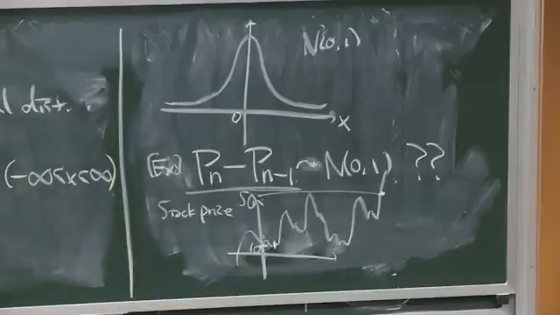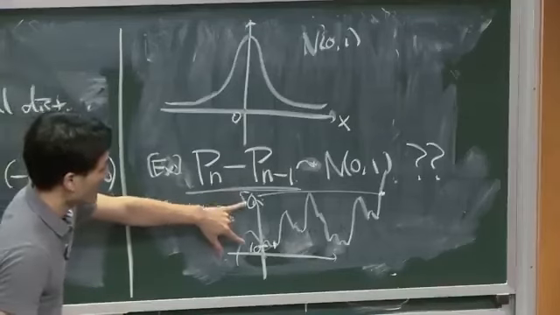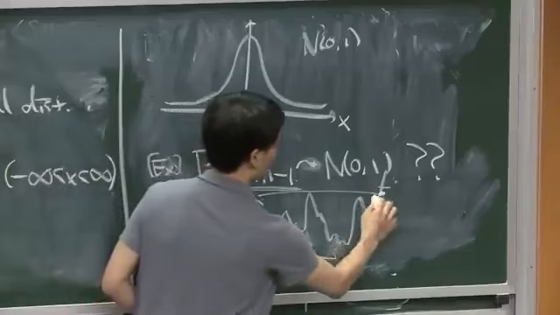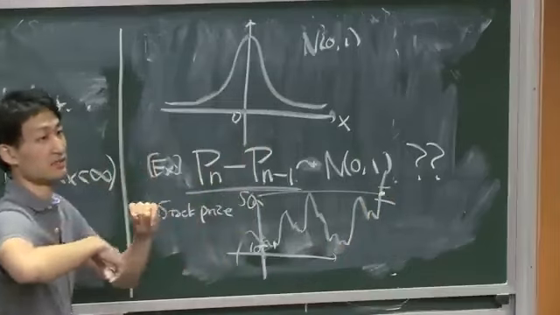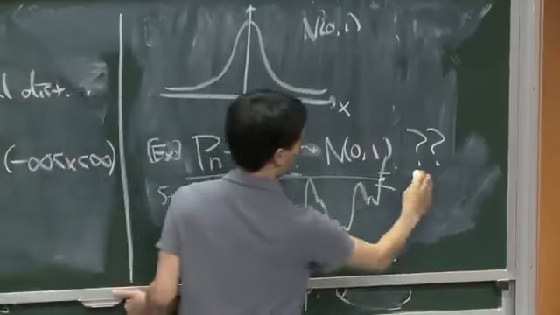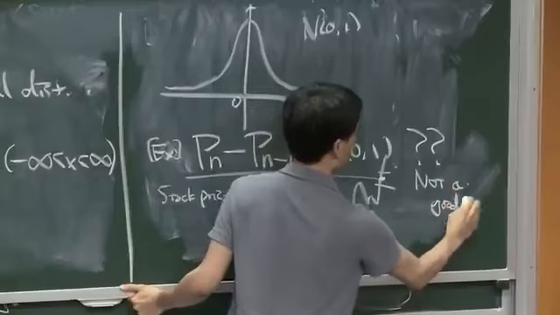But if you observe how it works, usually that's not normally distributed. What's normally distributed is the percentage of how much it changed daily. So this is not a sensible model. Not a good model.